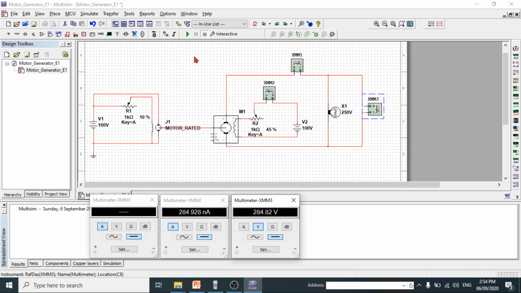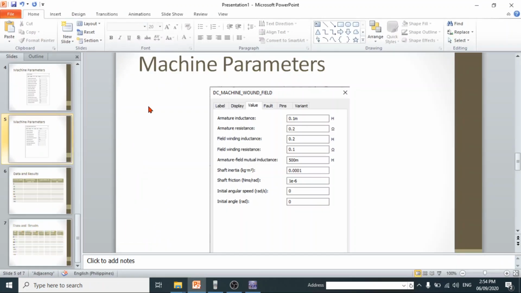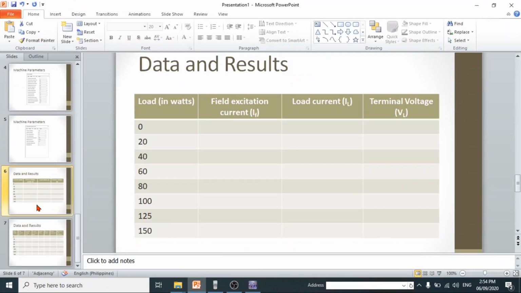Now we try to look at the table. These are the data that you need to fill in: the excitation current, the load current, then the terminal voltage.